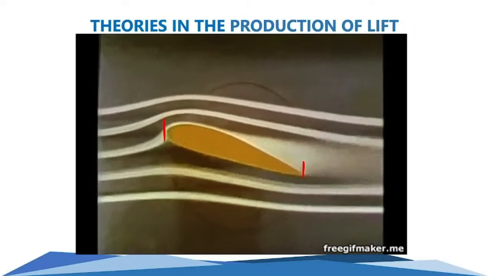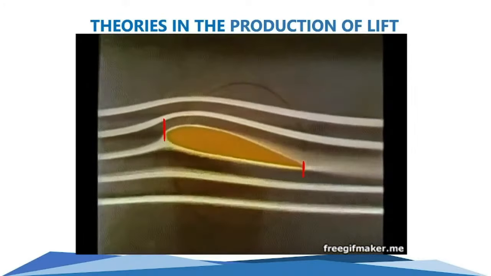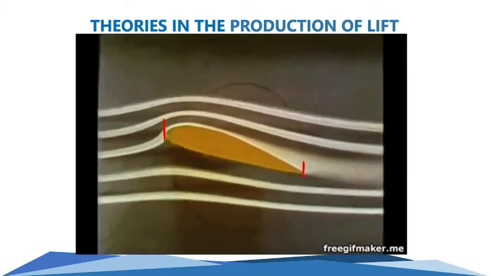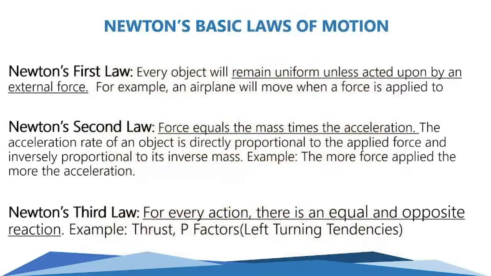Now, before we talk about the exact design and how this works, we have to go back to the basics. This is a little bit of a review of Newton's three laws of motion. The first one is Newton's first law: every object will remain uniform unless acted upon by an external force. The example of this is that an airplane is going to move when we apply a force to it. The second law is force equals mass times acceleration.